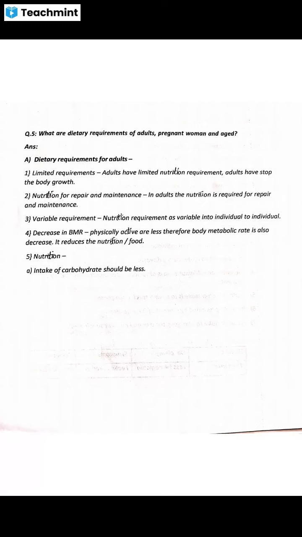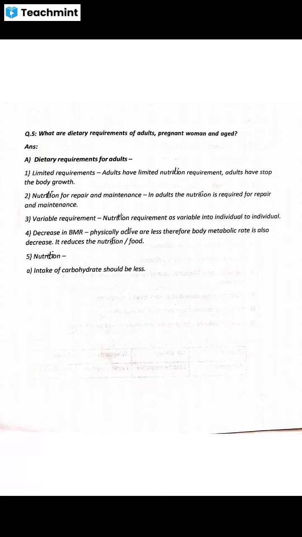So variable requirement means nutrition requirement is variable from individual to individual. Okay, and decrease in BMR. Physical activity is less, therefore the body metabolic rate is also decreased.